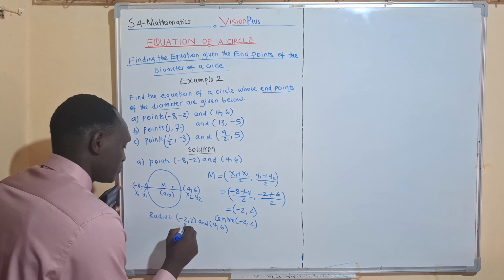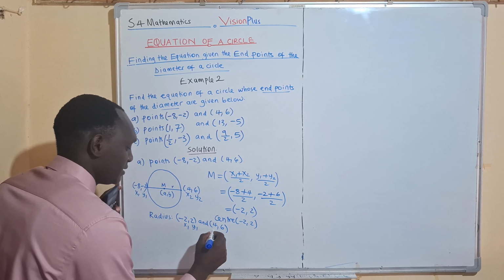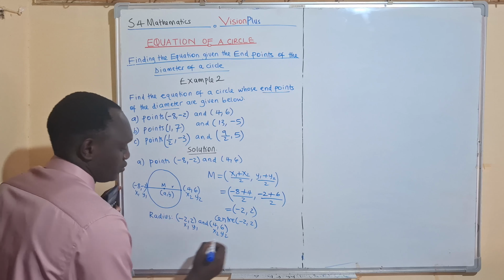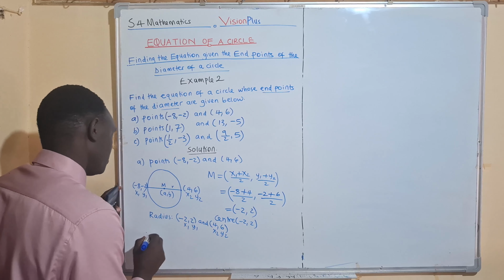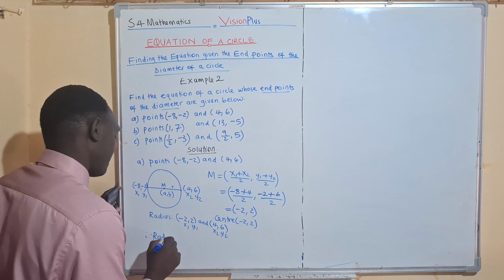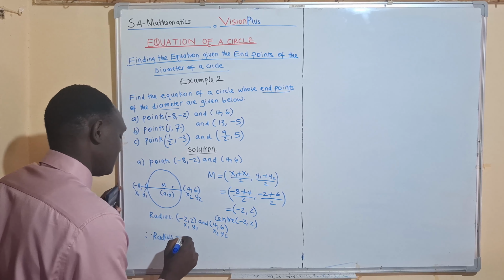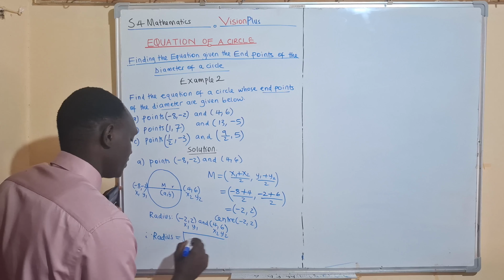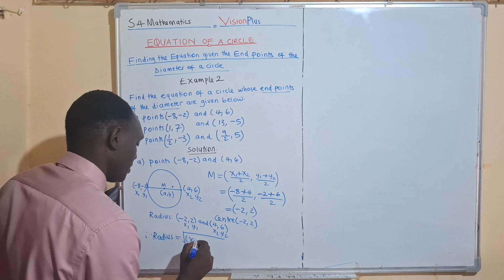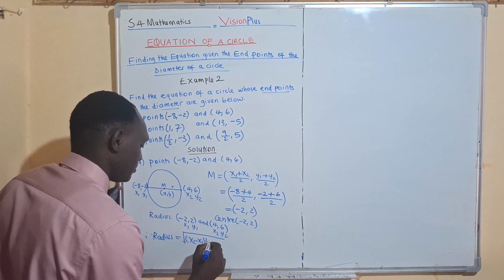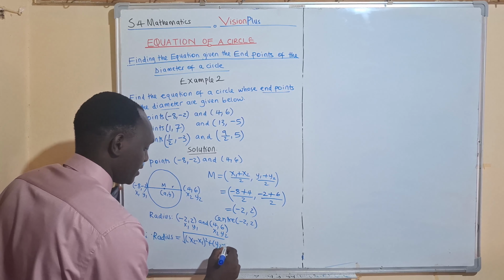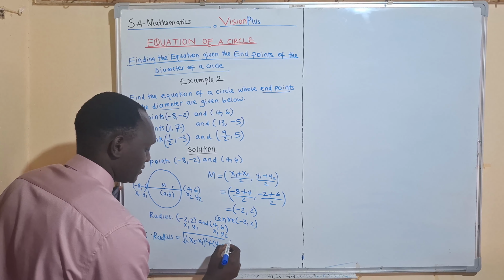So I'm going to call this x1, y1, x2, y2. Then we substitute, because you know that the radius is given by the square root of (x2 minus x1) squared plus (y2 minus y1) squared.